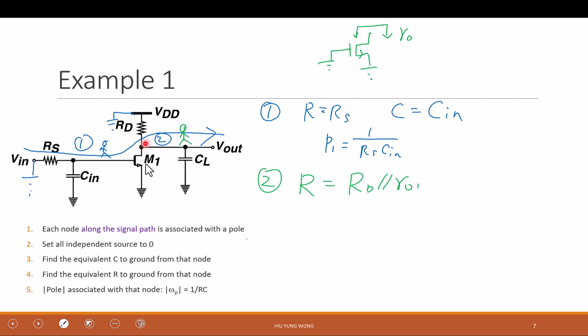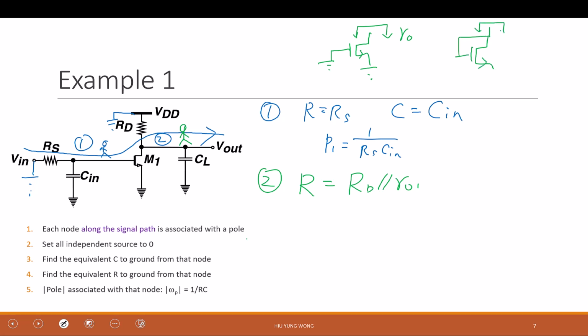When I look into the drain of M1, what is the impedance? You say this is R01. But R01 is only correct if the source and the gate are grounded. Then you can say that looking into the drain is R01. If this is not grounded, for example, it's very easy to give another example.